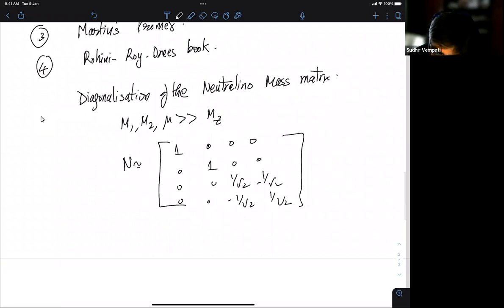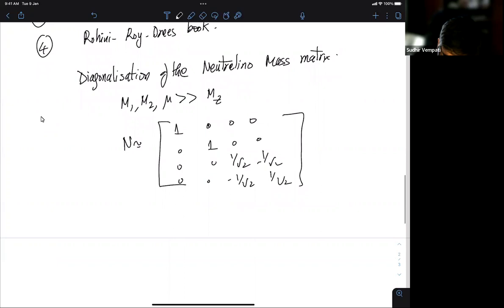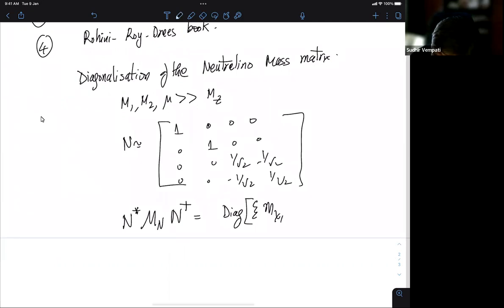But in general, if this condition is not true, you have to diagonalize it like a Majorana mass matrix. Because it's a Majorana matrix, you should have n star Mn n dagger equal to a diagonal matrix. The diagonal entries are the standard M chi 10, M chi 20, M chi 30, M chi 40.